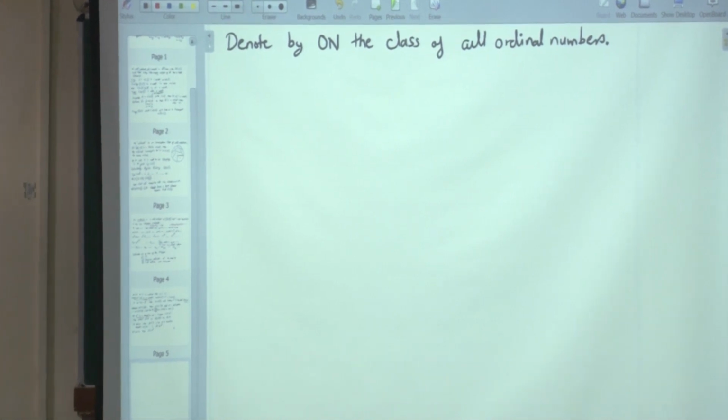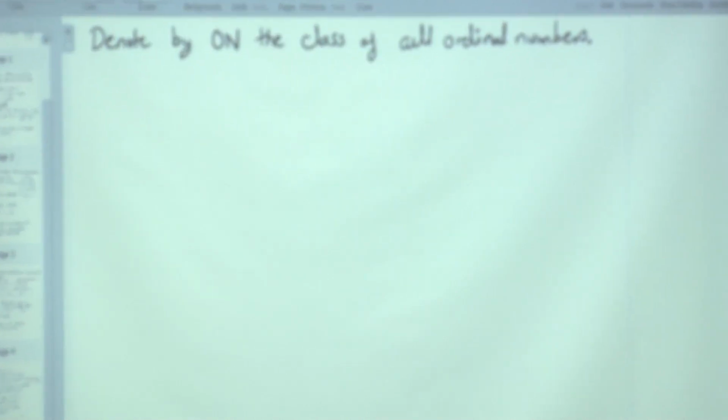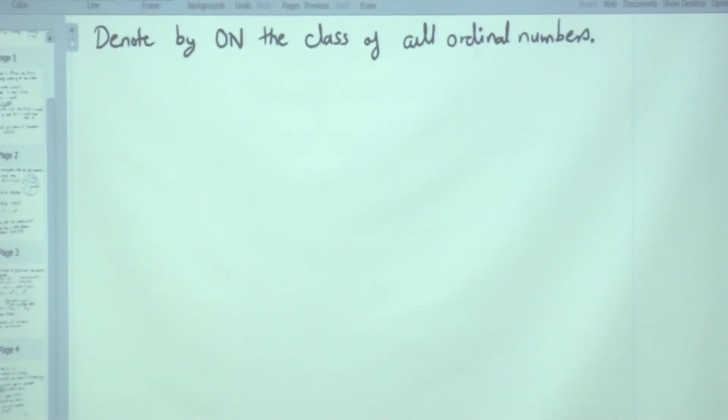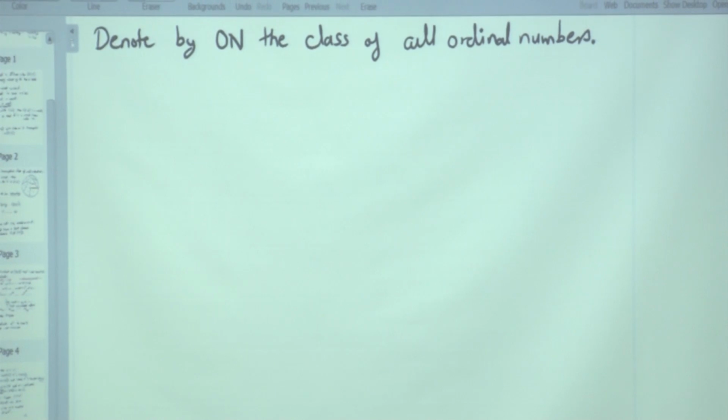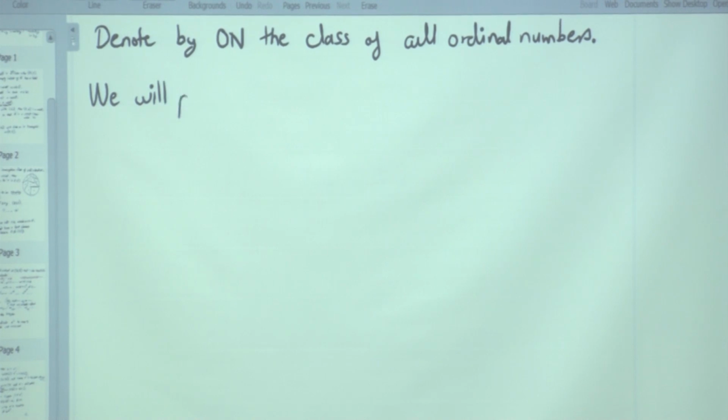In the next lecture we will prove that ON is in fact a proper class. It's not a set. And another theorem that we will prove: if S is a subset of ON, what is the meaning of a subset of a class?